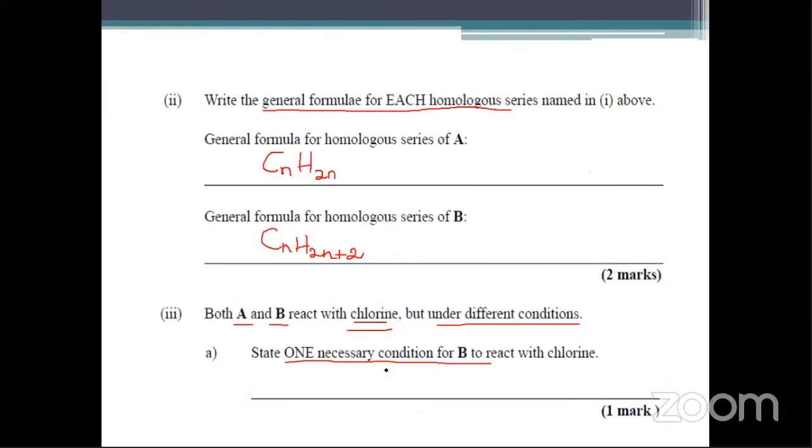Anybody remember what we wrote in the notes? You need UV light. You remember that? That's necessary. You need UV light. It's necessary for an alkane to undergo substitution.